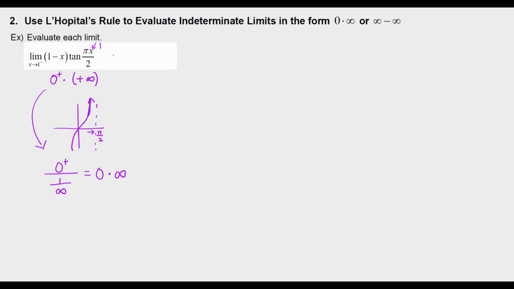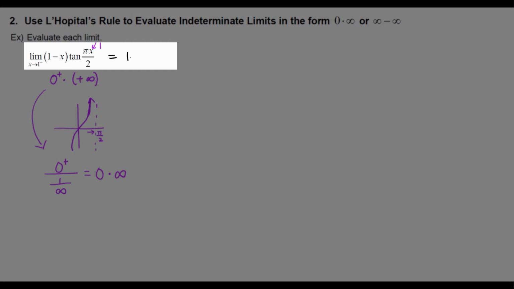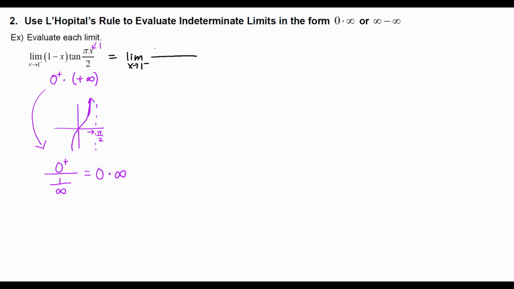Then we are going to rewrite this as limit x approaches 1 from the left. We will leave 1 minus x on the numerator, but we will write tangent of pi x over 2 as 1 over tangent of pi x over 2. But what is 1 over tangent pi x over 2? That's right. That's just cotangent of pi x over 2.